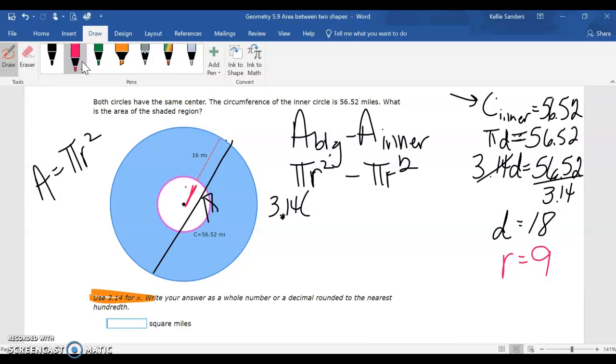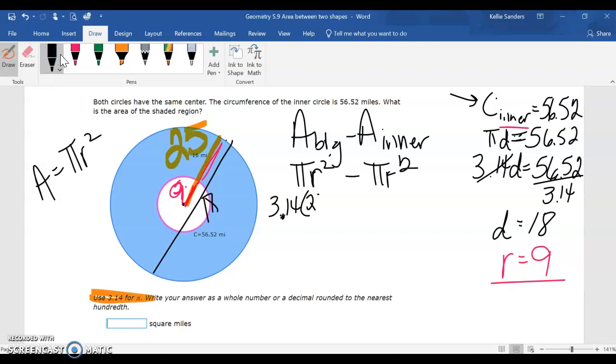It's the radius of the small circle, because that's what we were talking about when we said inner circle. So if 9 is the radius of the inner circle and 16 is this much, then the whole thing is going to be the radius of the big circle. So 9 plus 16 is 25.